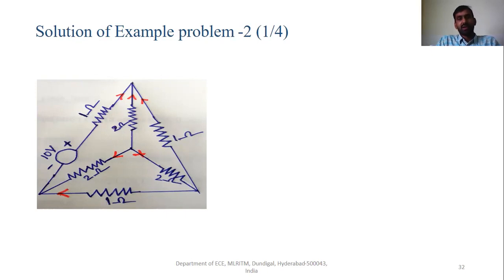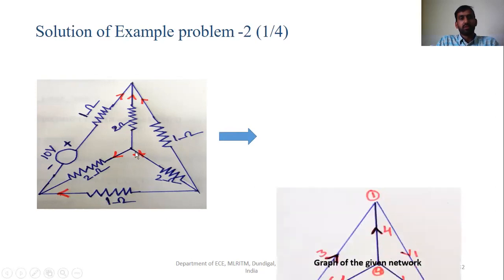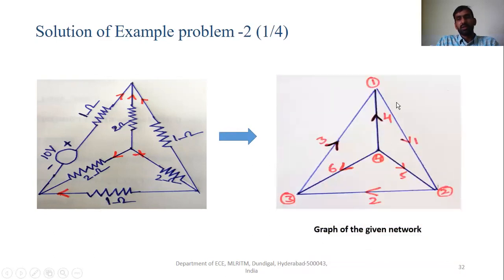So now for the given network, this could be the graph. How many nodes can we have here? 1, 2, 3, and 4. So this could be the graph.